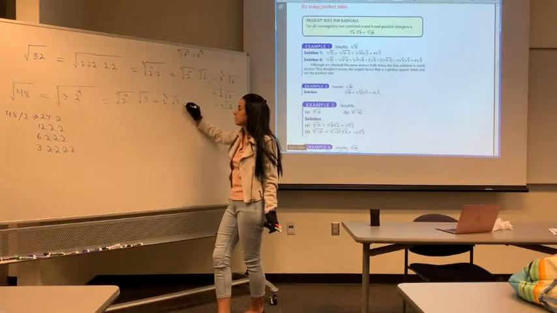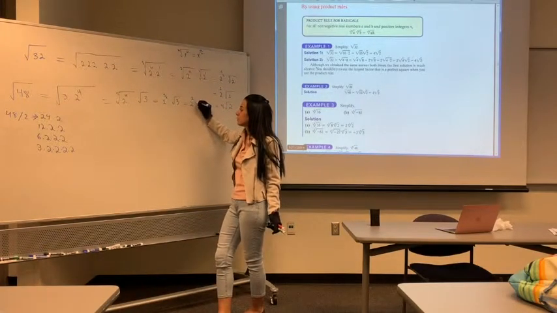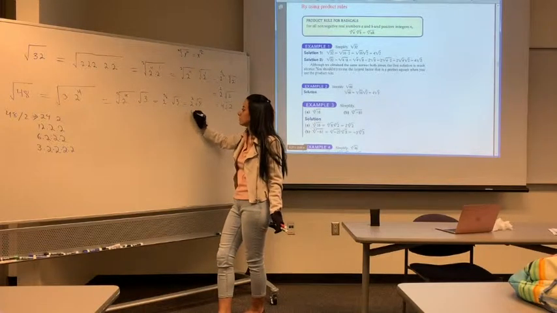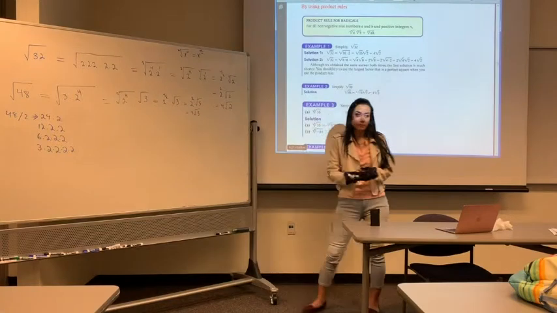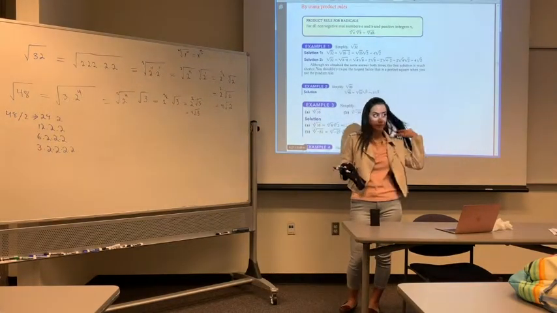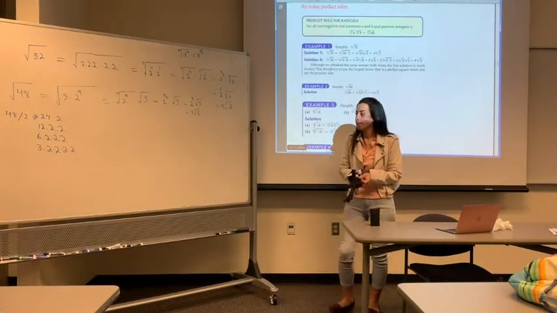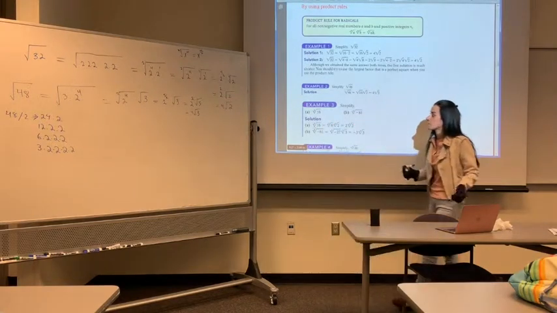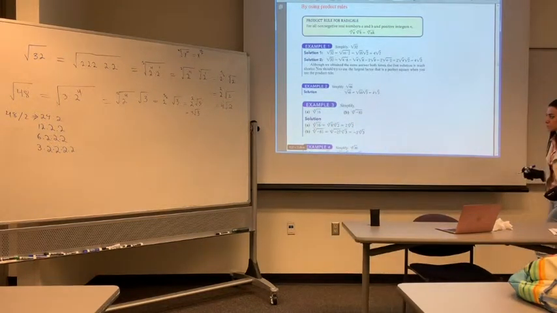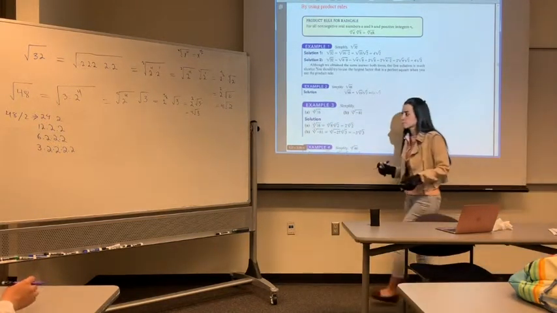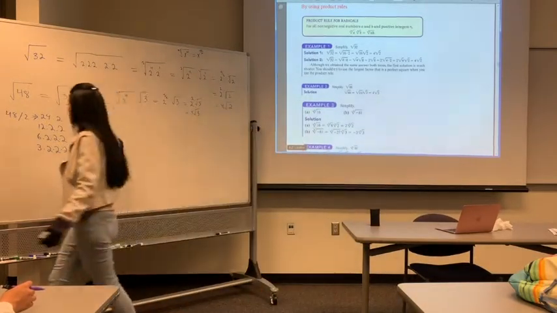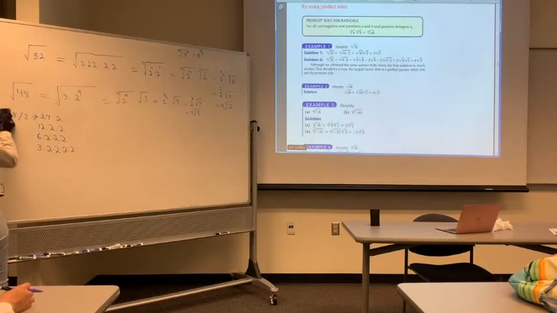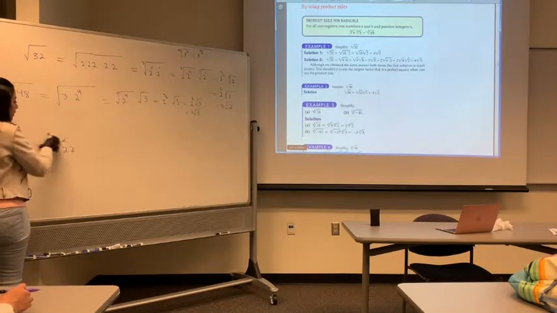Multiplied by radical 3, we have 2 power 2 radical 3, which is 4 radical 3. As you see, the simplest way is to break down the number into prime factors.